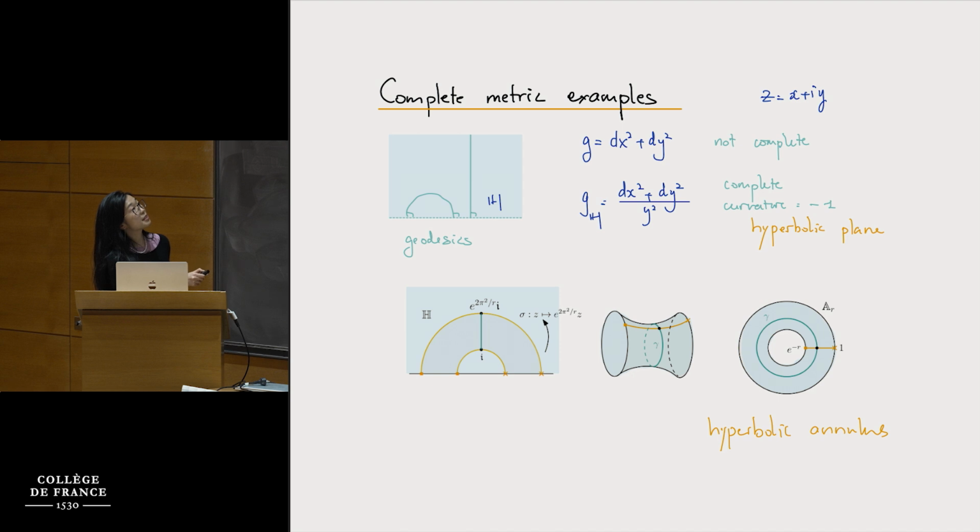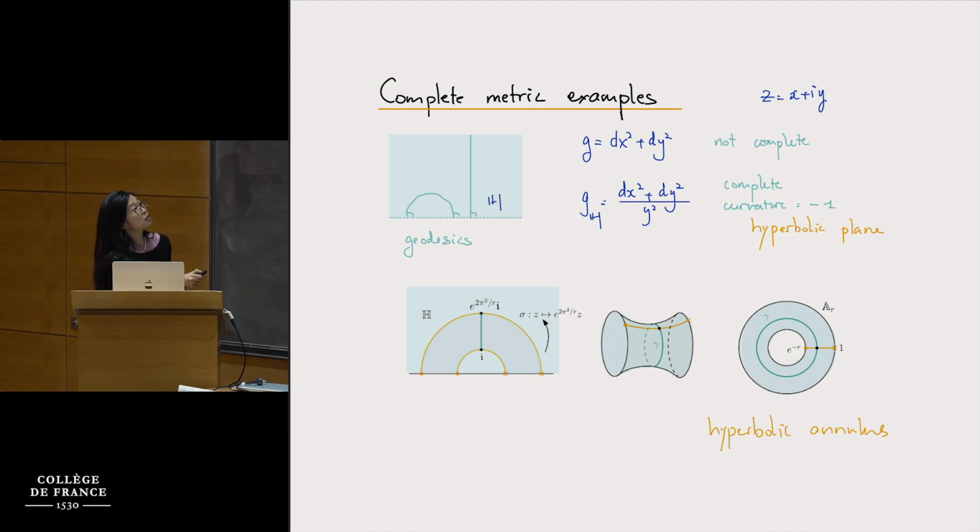These are geodesics in the hyperbolic plane. They're identified, and you get this surface. Here, this left band, this line becomes this circle, this line becomes that circle, and there's one geodesic which is homotopically equivalent to the annulus. This is given by this vertical line, this blue line here.